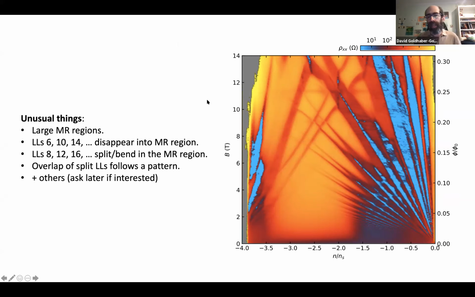So for those of you who are used to looking at diagrams that are sort of like this, first of all, I referred to Landau levels, and those are things that occur when you have a magnetic field perpendicular to a 2D sheet.